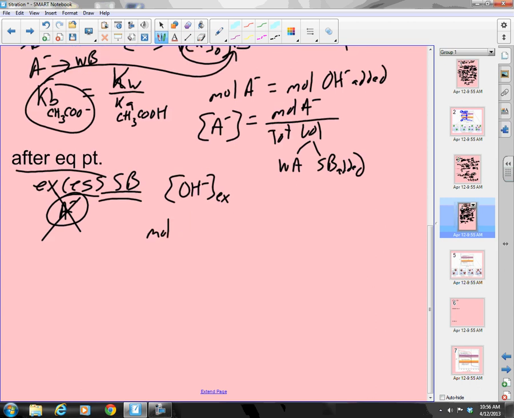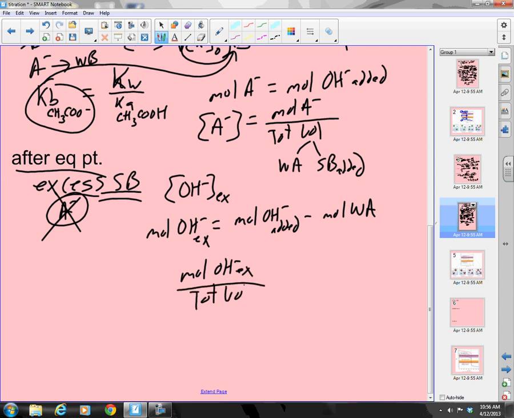We take moles of hydroxide excess, which is equal to moles of hydroxide added minus the moles of my weak acid that I began with. Then I'm going to take this moles of hydroxide excess, divide it by total volume, and that will give me the concentration of hydroxide. From there I can get pOH, and from there I can get pH. Good.